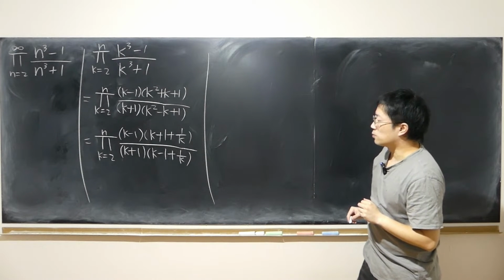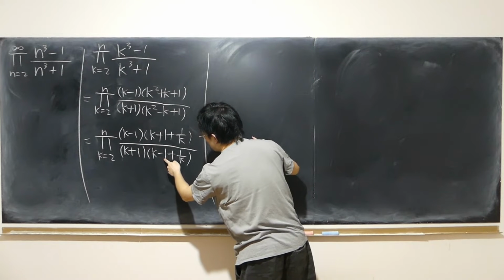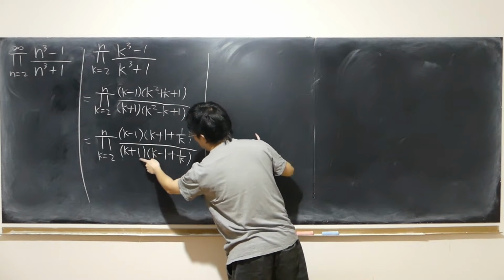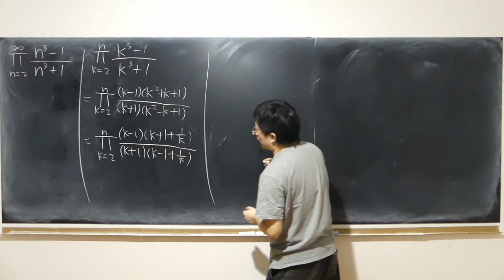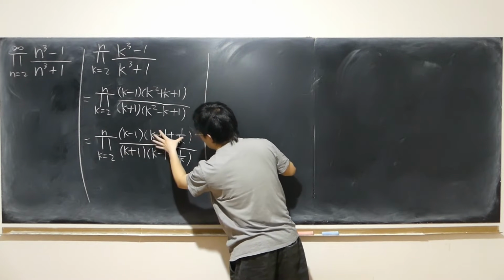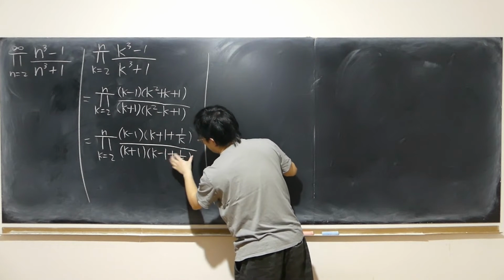And so there we observe, here we have k minus 1, there we have k minus 1. Up here we have k plus 1, down here we also have k plus 1. So I'm just going to divide this k plus 1 into this factor and divide this k minus 1 into that factor.